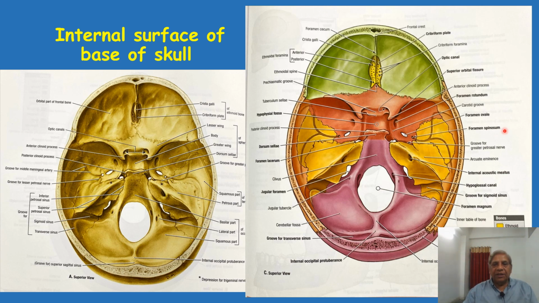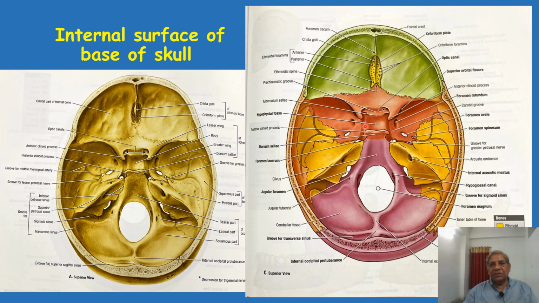Now let us see here, the base of the skull is divided into three fossae: anterior cranial fossa, middle cranial fossa and posterior cranial fossa.